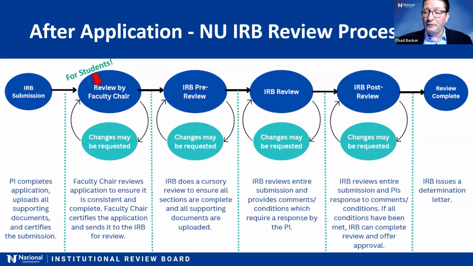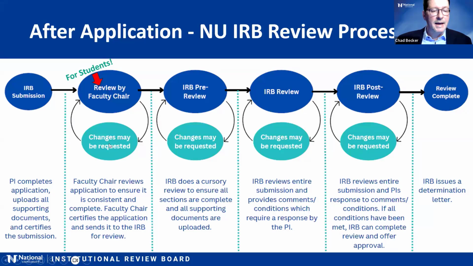So just since many of our applicants are dissertation students, we'll pause for a second here. This is where your chair essentially acknowledges that this is the right student, this is the right study, and from the best of their knowledge, this is a complete application. The chair is not an IRB professional, so we do not expect them to do full reviews, but sometimes they catch absences of material or misstatements.